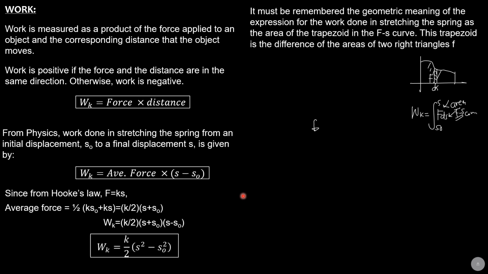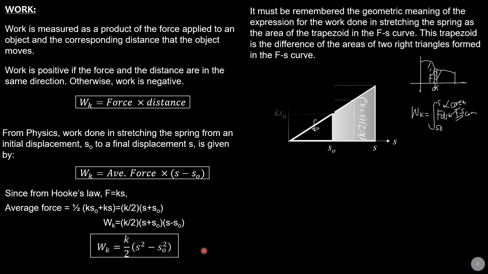And so the work done in stretching the spring from an initial displacement SO to its final displacement is interpreted as the area of the shaded trapezoid between SO and S, or simply the area of the big triangle minus the area of the small triangle.